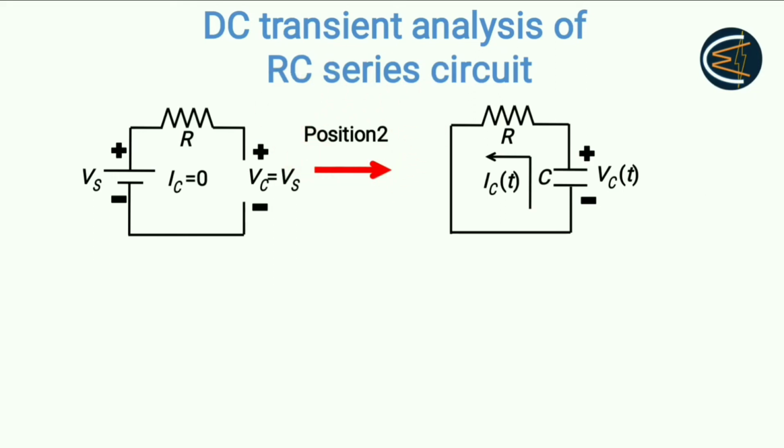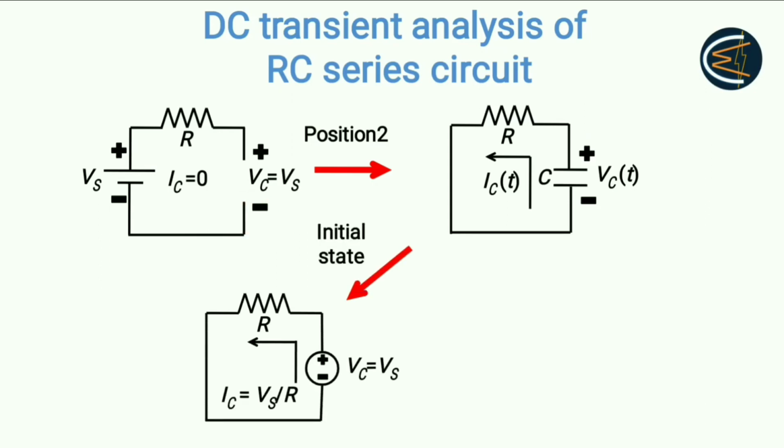As we know, the capacitor has the property of electrical inertia, and it doesn't allow a sudden change in the voltage across it. So it will try to maintain the same voltage which it already had initially, that means Vs across it.